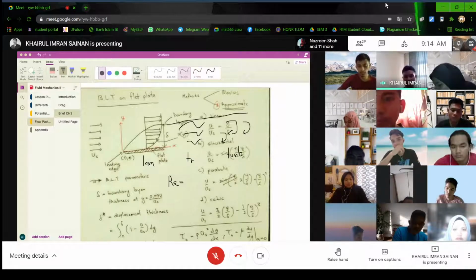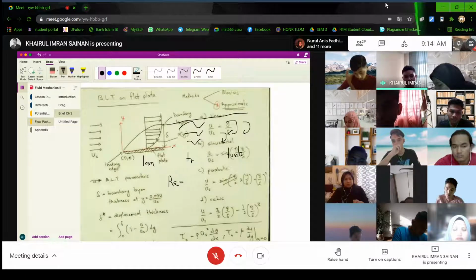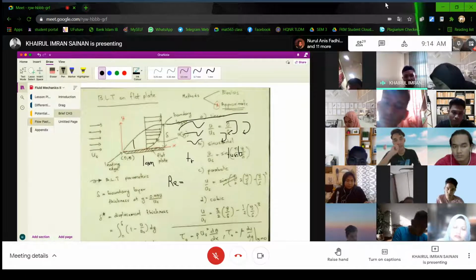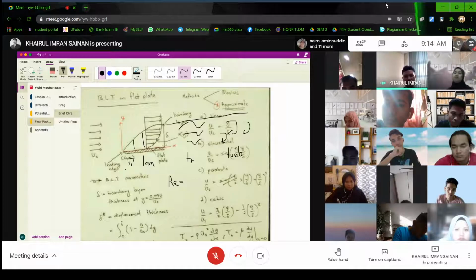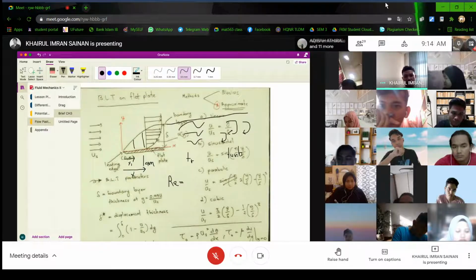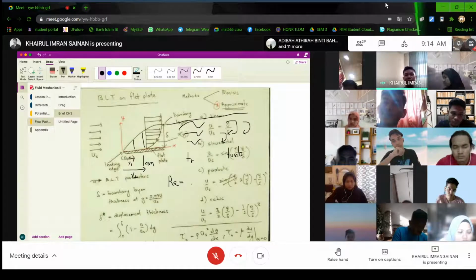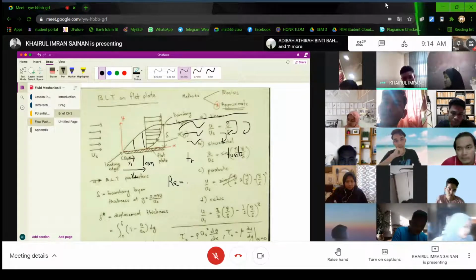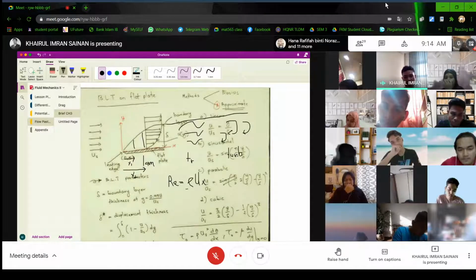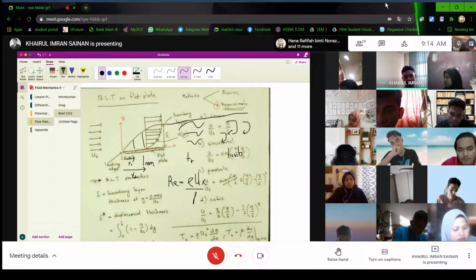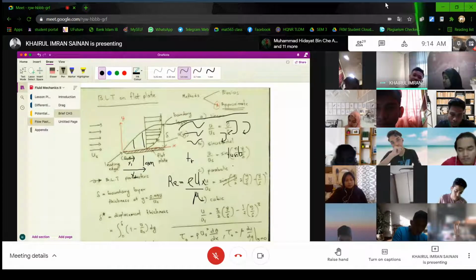So Reynolds number is rho UL over mu. But for our case, you're going to use x. So at any location, let's say x1, and this one is x2. Instead of rho UL, we're going to use rho Ux over mu.